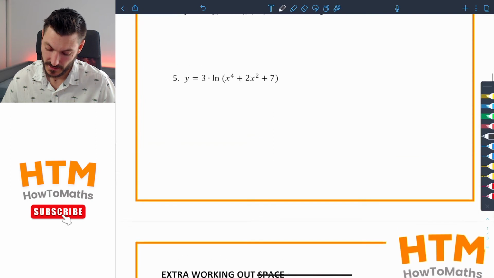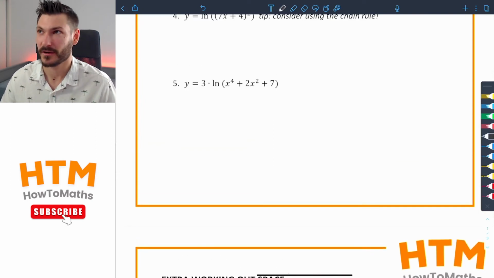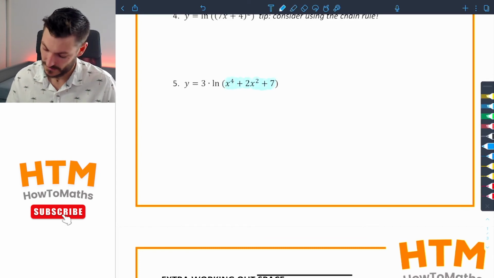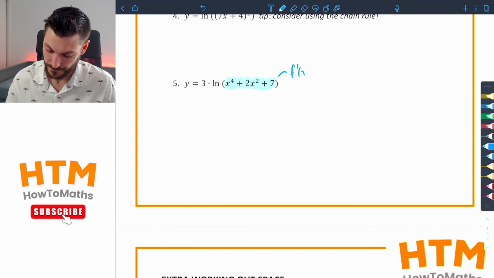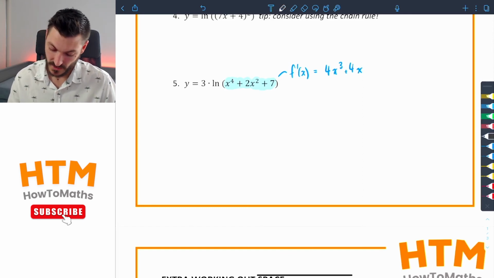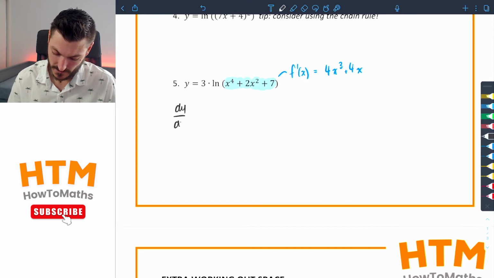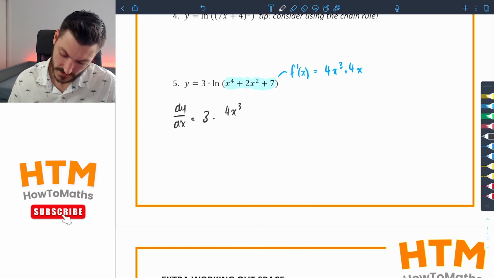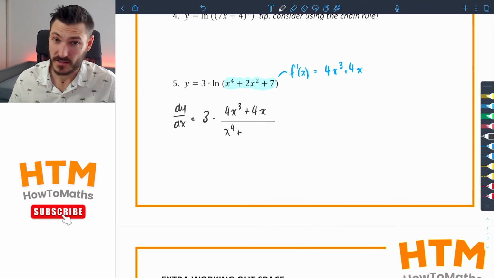And the final question, which surprisingly won't take us as long as that one we just did, is going to be the derivative of this inside. So we get f'(x) equals 4x cubed plus 4x. And that's it. The 7 just disappears. So 4x cubed plus 4x. So therefore dy/dx is equal to 3 lots of (4x cubed plus 4x) divided by x to the 4 plus 2x squared plus 7.